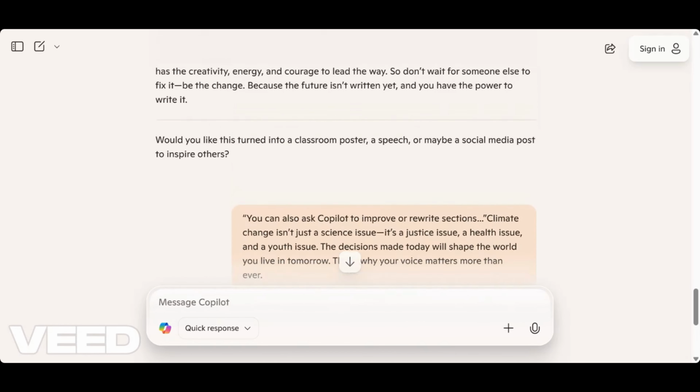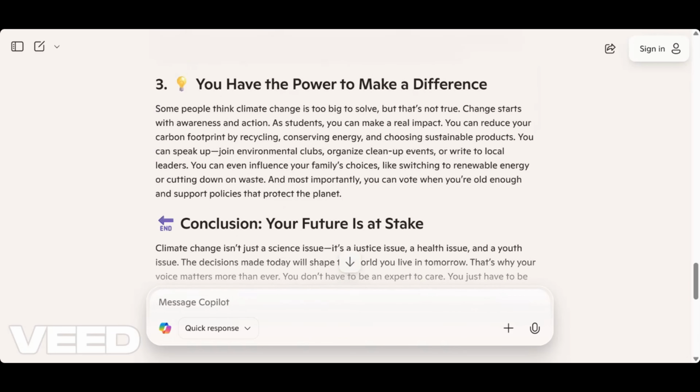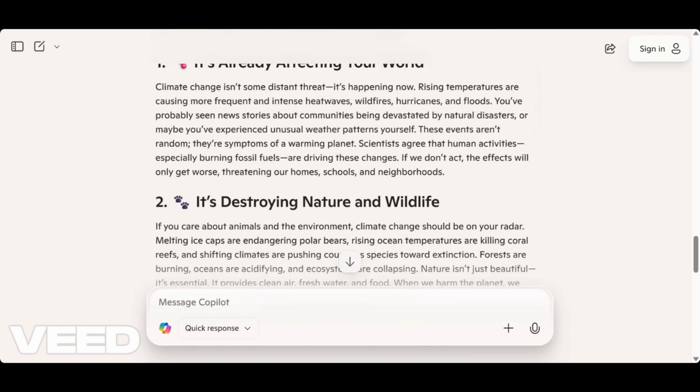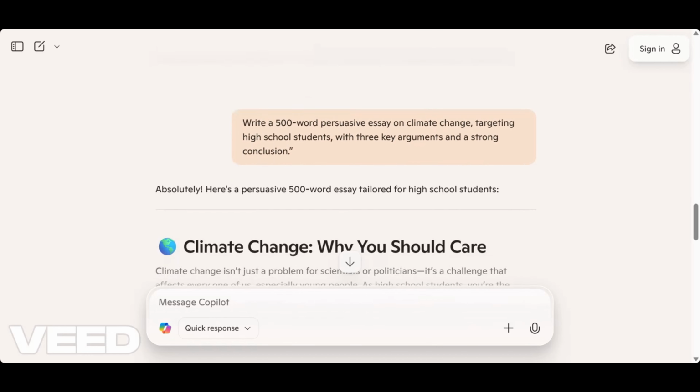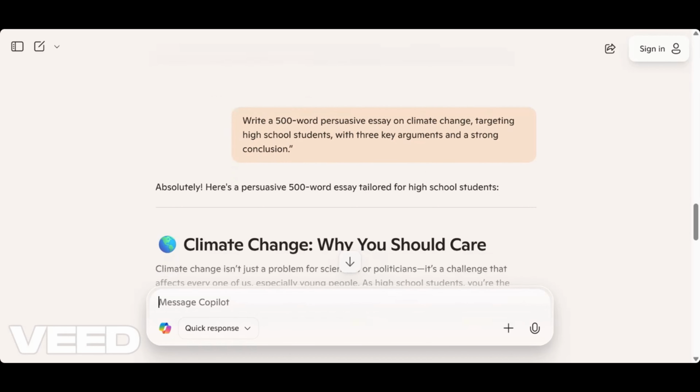Also, you also have to watch out for your wordplay because I'm going to go back to the previous example. You see how I put write a 500 word essay? Now, for write a 500 word essay, that was my format. And for high school students, that was my audience. Now, if you're in college, you could put college as your audience, or if you're at work or have a job, you can put job for your audience.